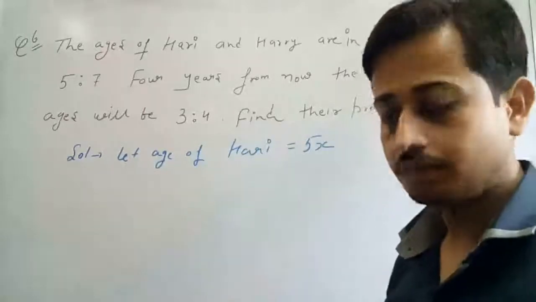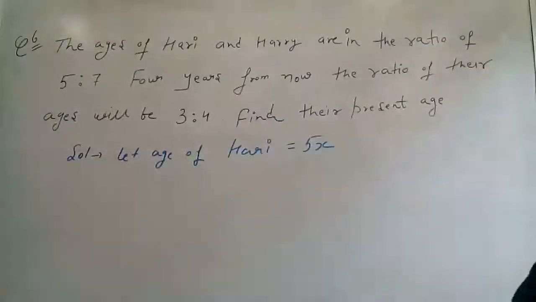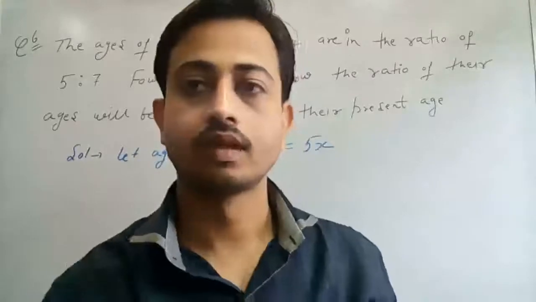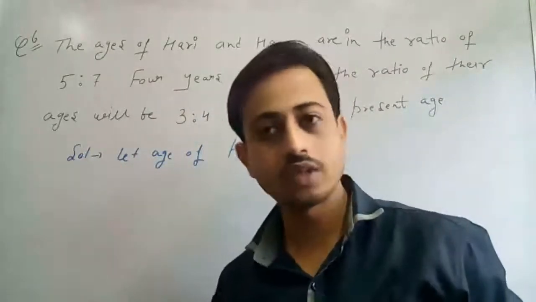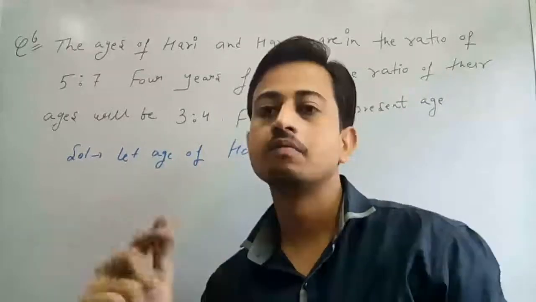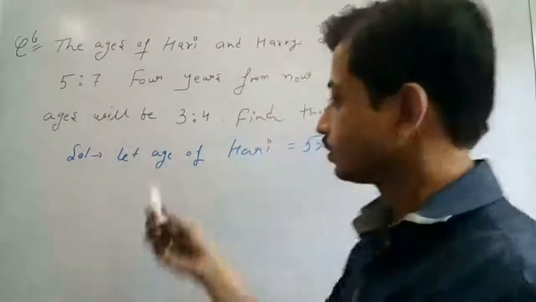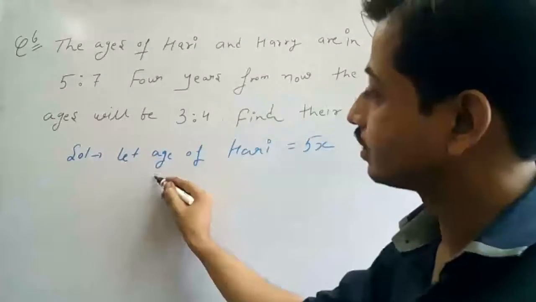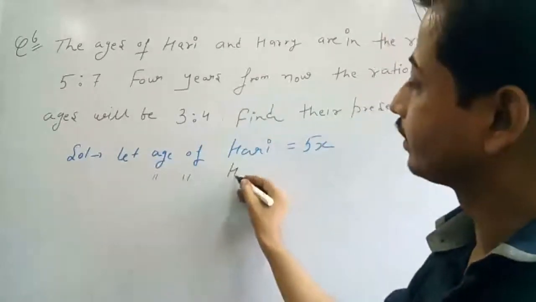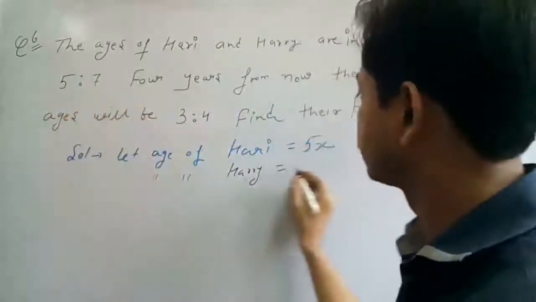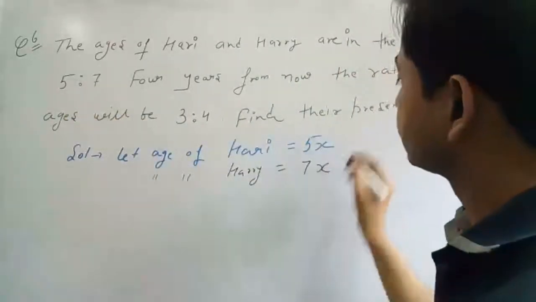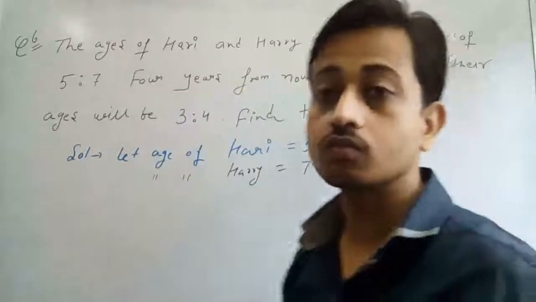It's very simple. Please make a note first, because we know that if the question is asked in terms of ratio, you have to do let and multiply with x. So similarly, the age of Harry is 7x.